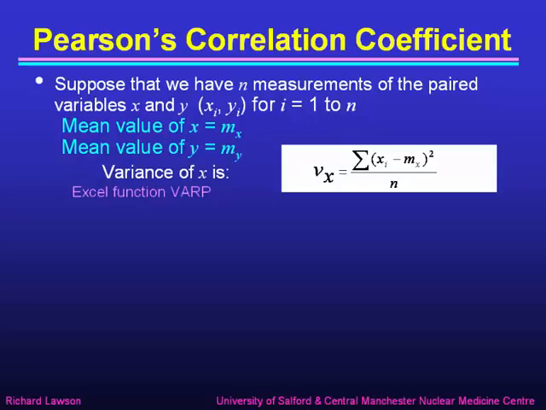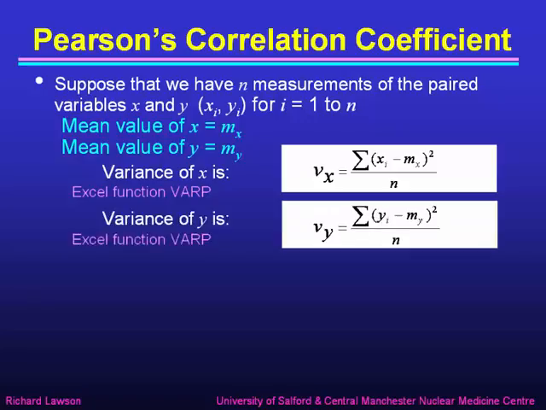Then we already know we could calculate the variance of x as xi, that is the measurement x, minus mx, that is minus the average value of x, and square that deviation, add them all up and divide by n, the number of measurements, and that gives us vx, the variance of x. And we've seen that sort of calculation many times before. We know that if you want to do that in Excel, you can use the function varp to do it for you.